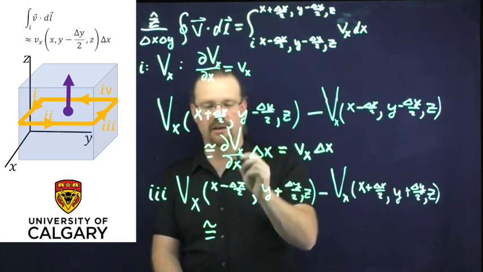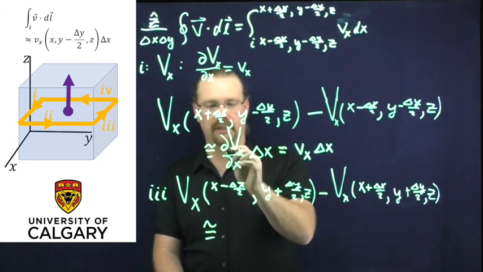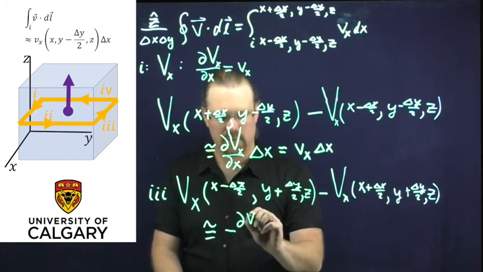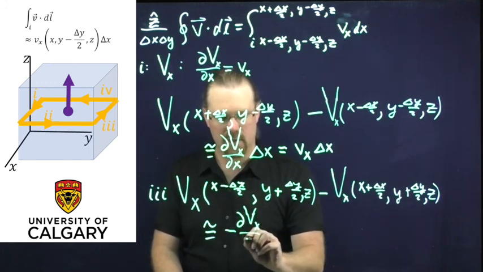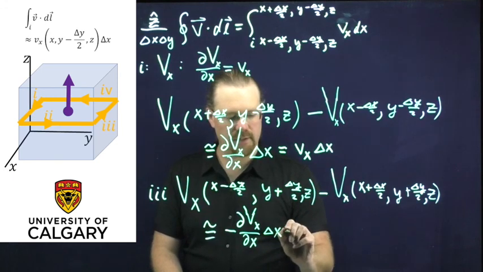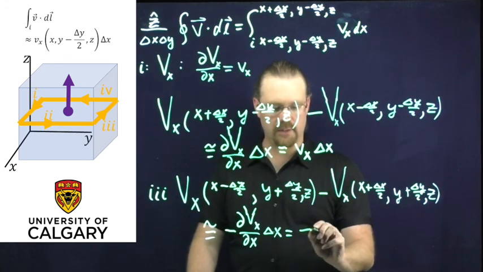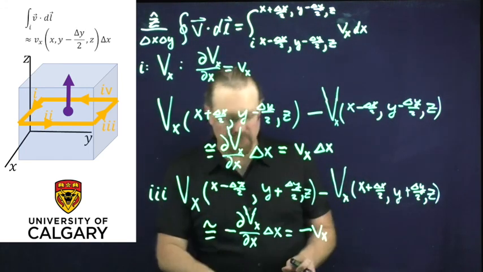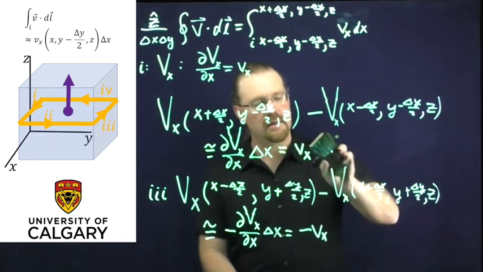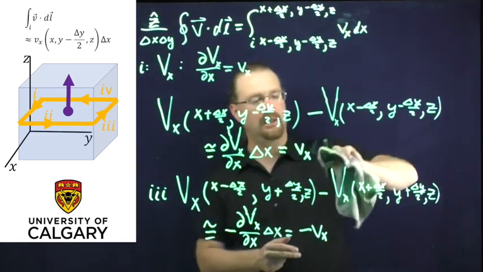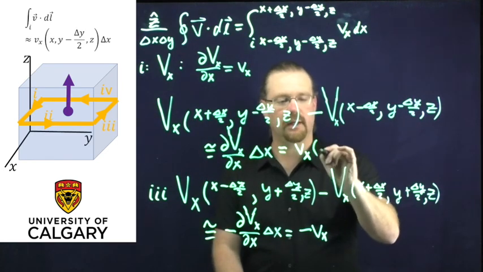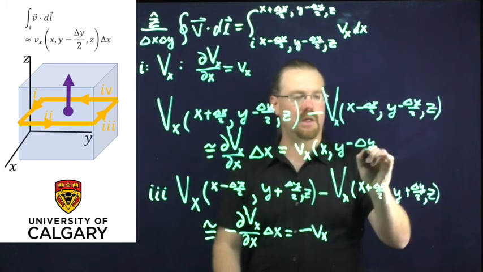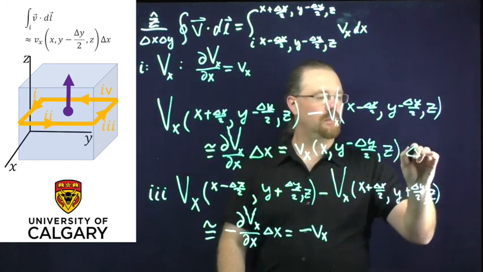Instead of being our derivative with respect to x, it's now minus the derivative. That's our capital V of x with respect to x times delta x, and we can call this minus Vx delta x. And the specific places where we're evaluating this is that this is going to be evaluated here at that midpoint, x, comma, y minus delta y over 2, z, and pick up that delta x.